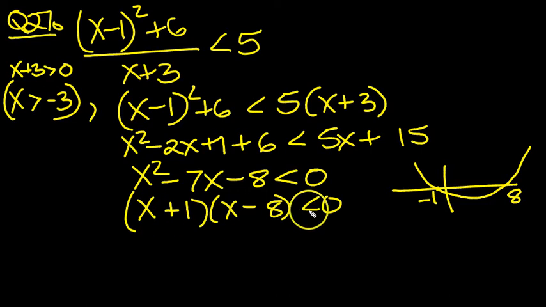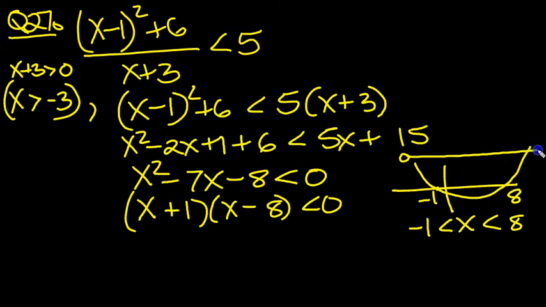When is this quadratic less than 0? Well, it's less than 0 here in this sketch. We can see it goes up to 8 and down to minus 1 but not touching. That's when it's negative. But bearing in mind that the context of our discussion is x bigger than minus 3. On a number line, that's all this region here.